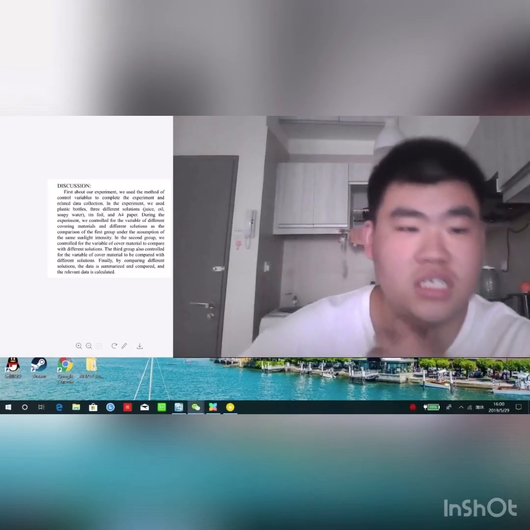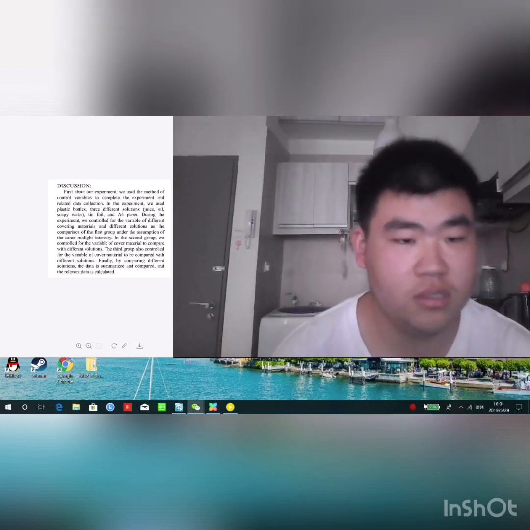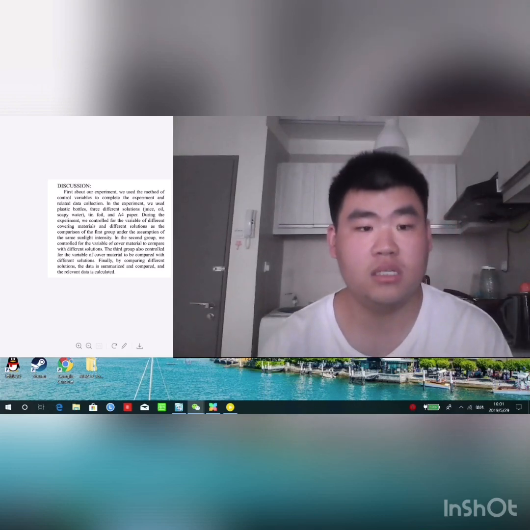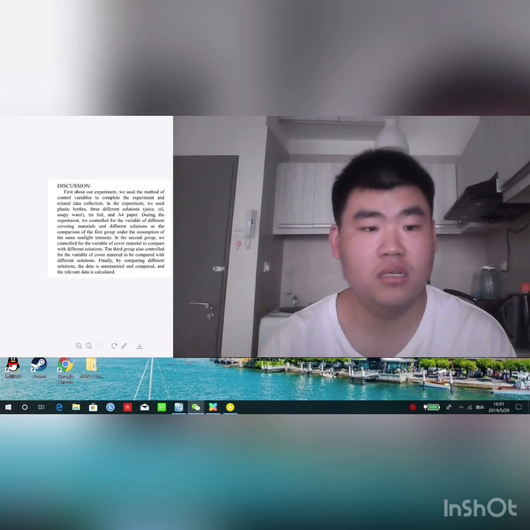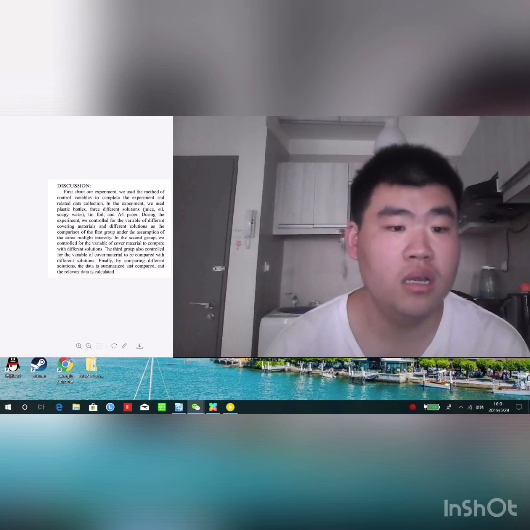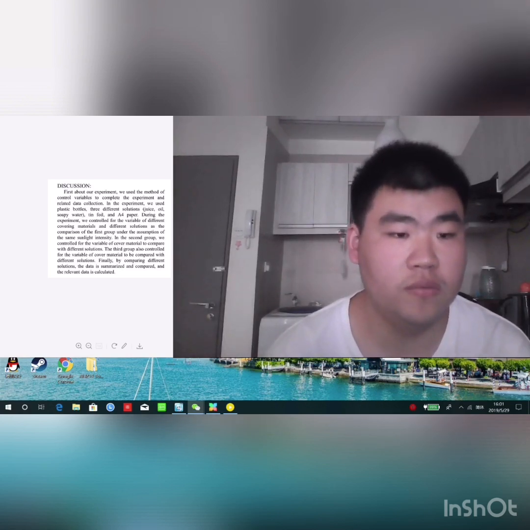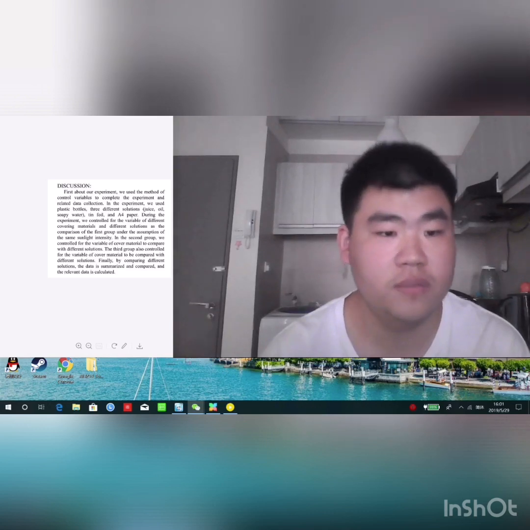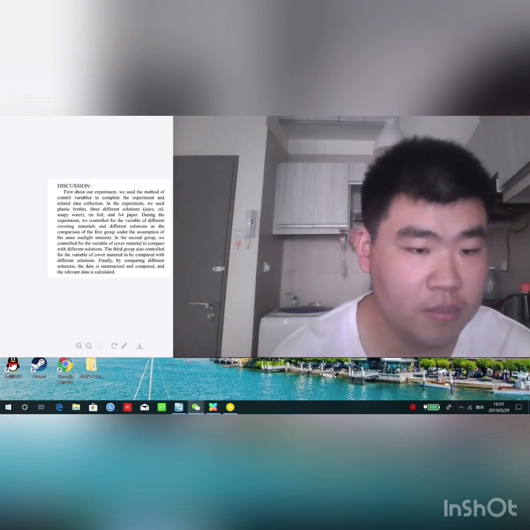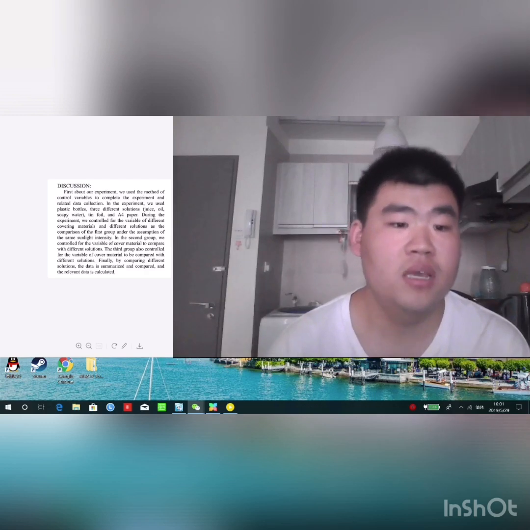From the discussion, first about our experiment, we used the method of control variables to complete the experiment. The three different solutions are juice, oil, and soapy water, and tin foil and A4 paper. During the experiment, we controlled for the variable of different covering materials and different solutions, with the assumption of the same sunlight intensity.